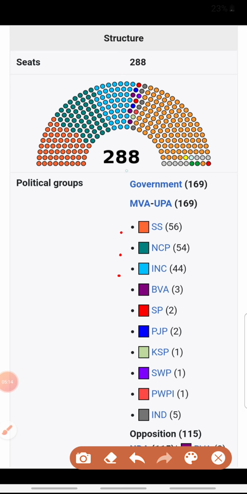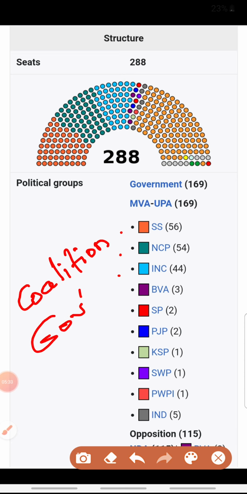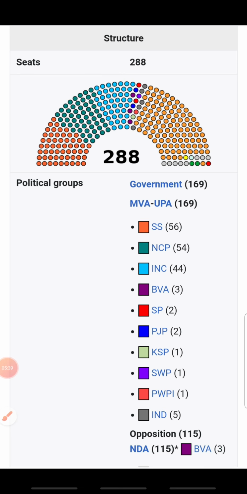So political parties together, all these parties have similar concerns. Such a government is known as a coalition government. So that is an alliance. Together they formed the government because they did not have more than half the number of seats. So they came together and formed a coalition government, that is an alliance.